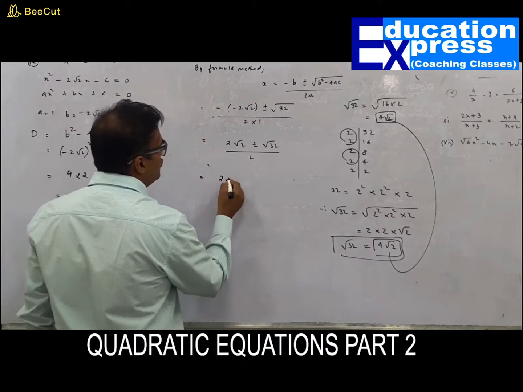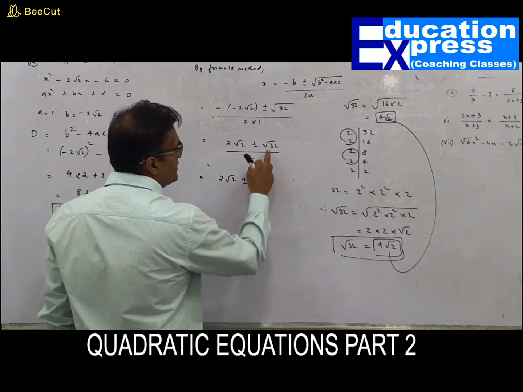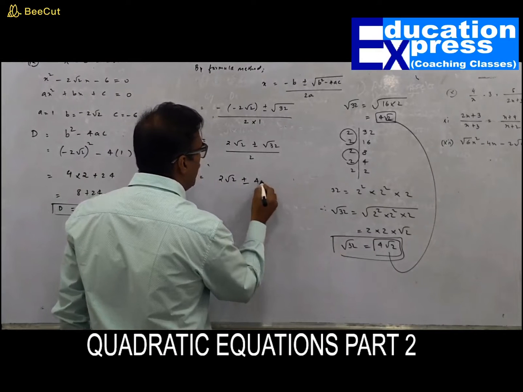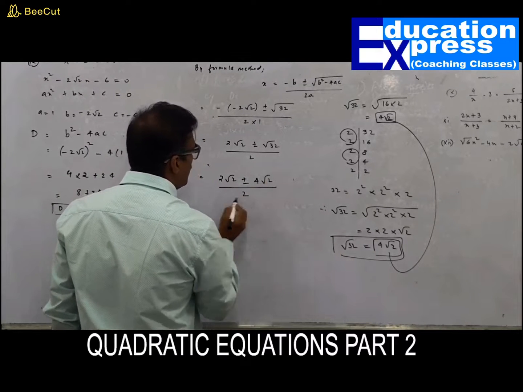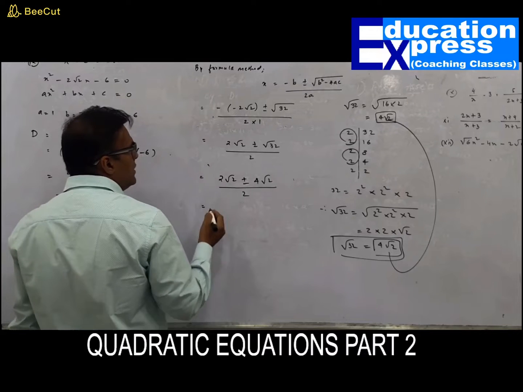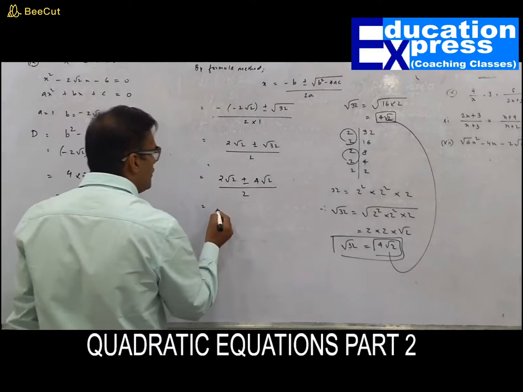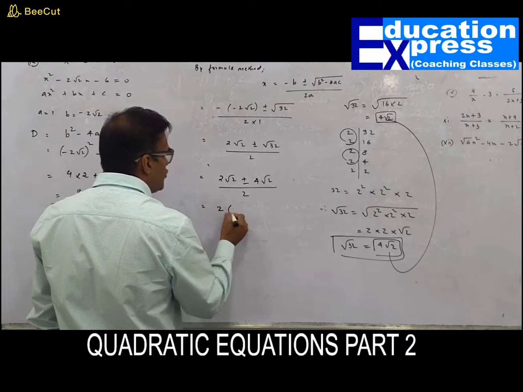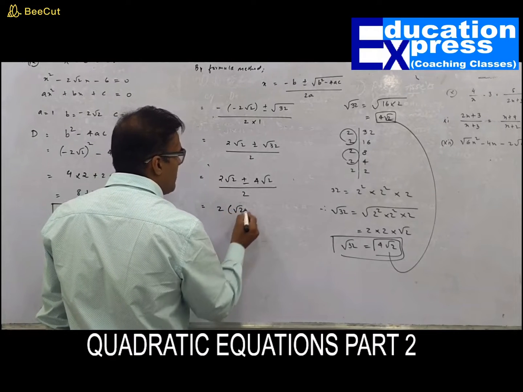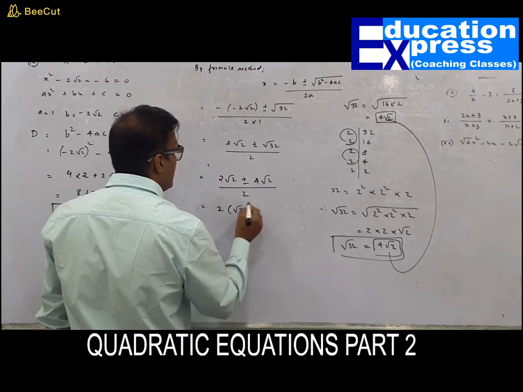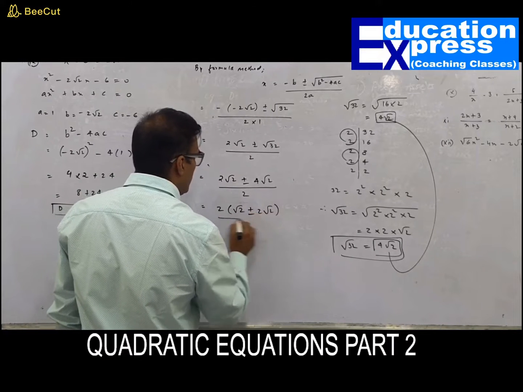Alright, so 2 root 2 plus or minus root 32 means 4 root 2, the whole upon 2. What is common? I can take 2 root 2 common or I can take 2 as common. Let's take 2 as common. So if I take 2 as common, root 2 plus or minus 2 root 2 whole upon 2.